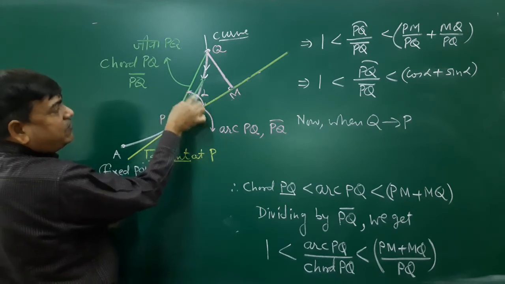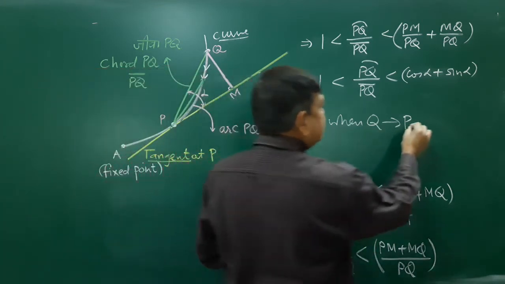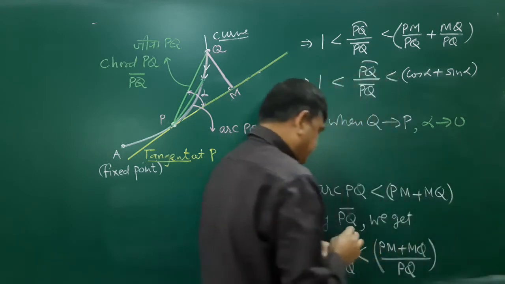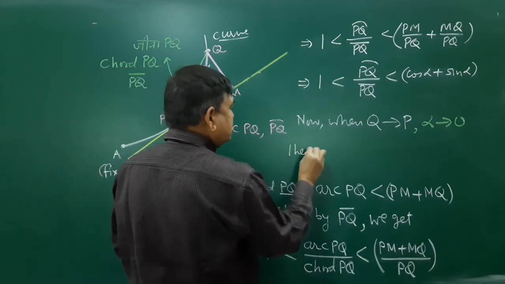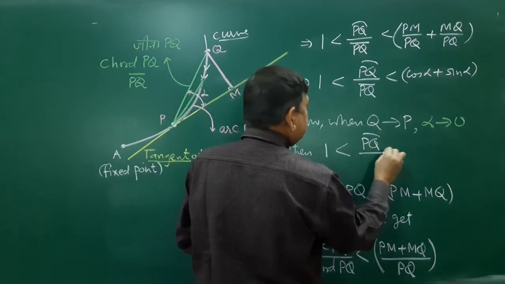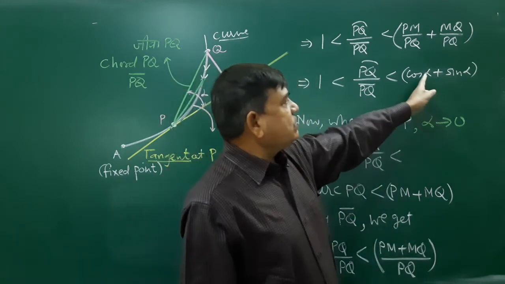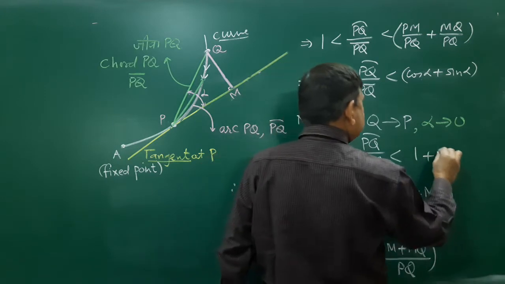Which one? This alpha. Alpha will keep decreasing. So when q tends to p, alpha tends to 0. Then 1 less than arc pq upon chord pq less than, alpha tends to 0, cos 0 is 1, sin 0 is 0. So it is 1 plus 0.